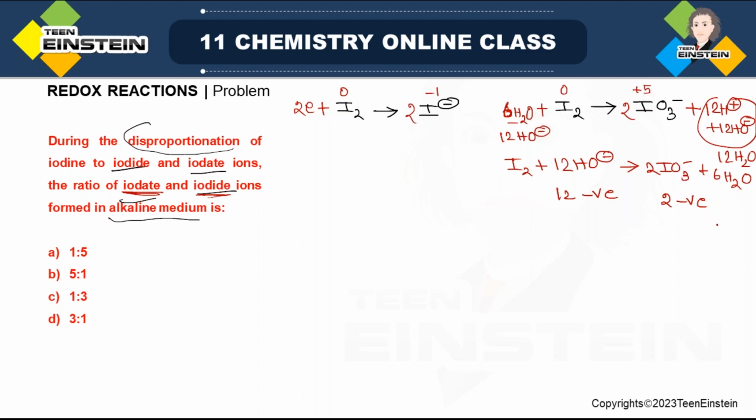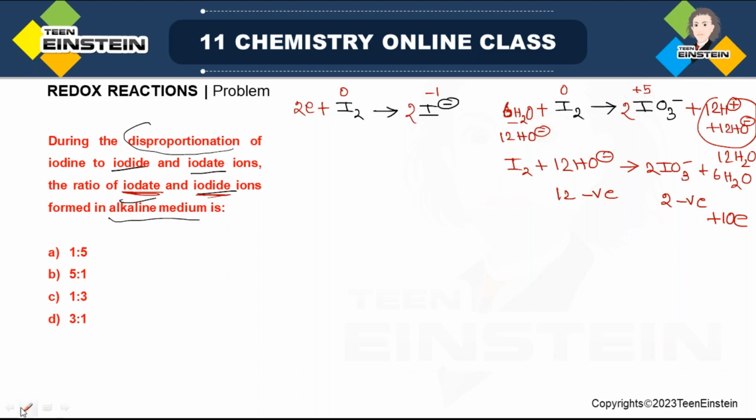So here the number of electrons will be 10 electrons. Then both sides will be the same.